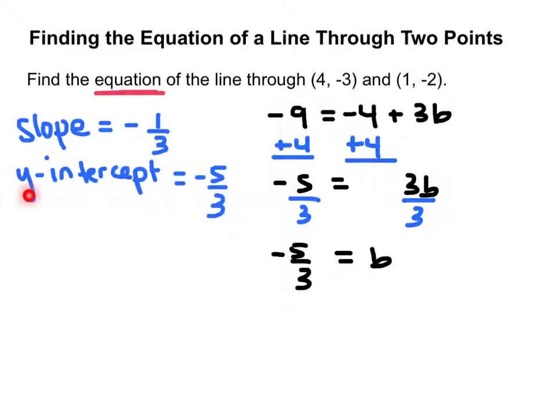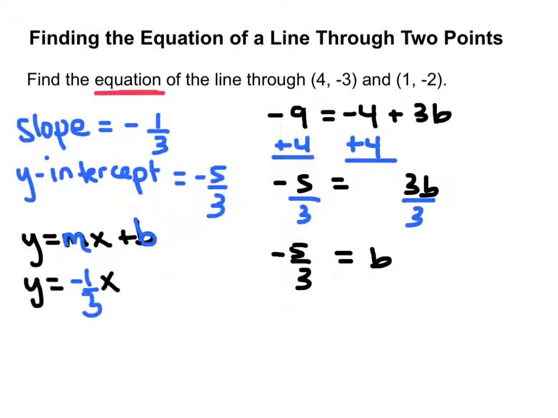And remember, using slope-intercept form, we will be writing in the value of the slope and the value of the y-intercept. So that should leave us with y equals negative 1/3 x plus a negative 5/3.